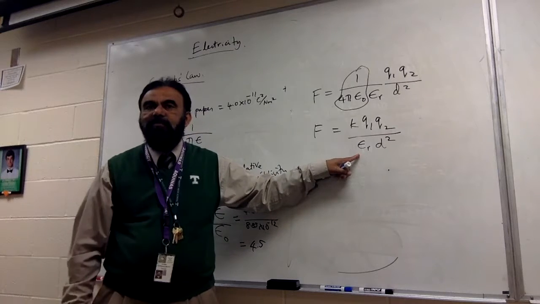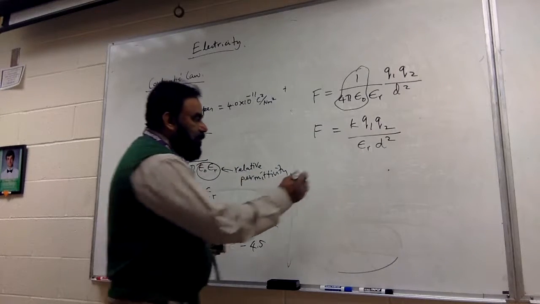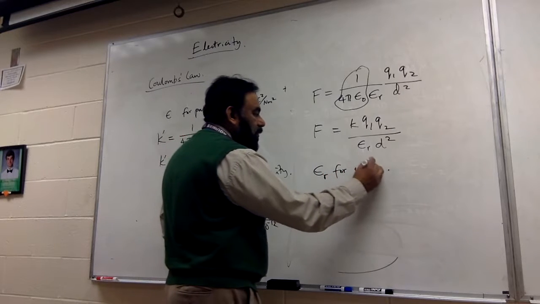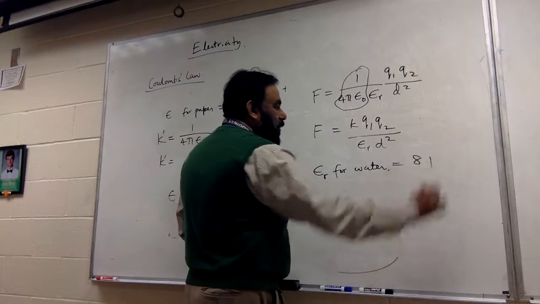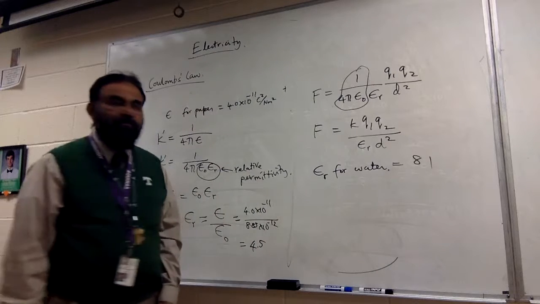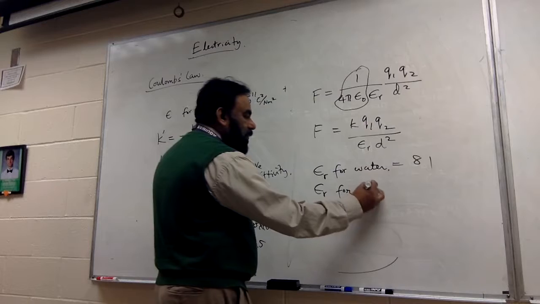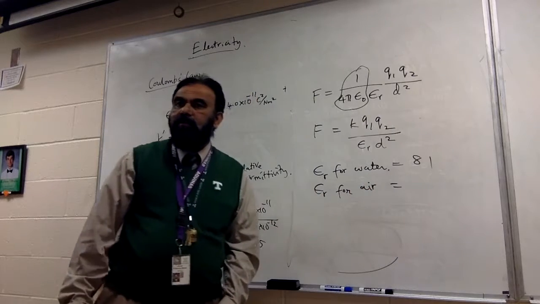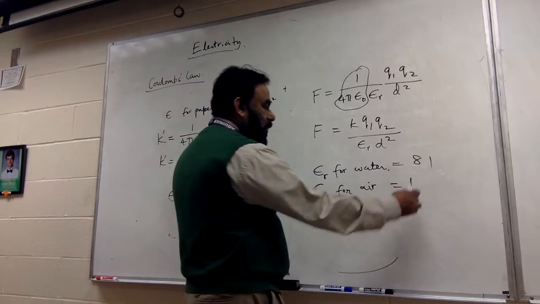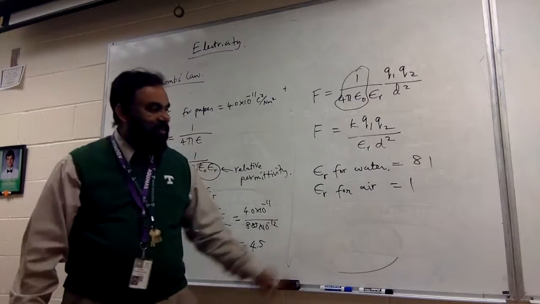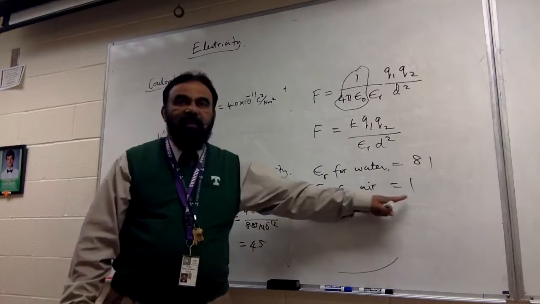It goes smaller by how many times? Epsilon r times. Now the epsilon r for water is 81. What is the epsilon r for air? 1, because air and vacuum are literally the same. So epsilon r for air is just 1.